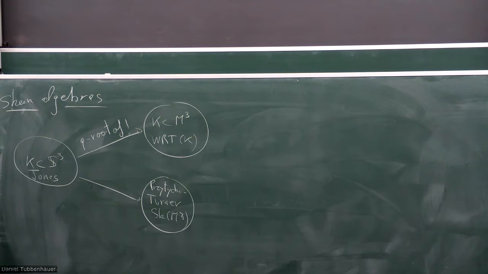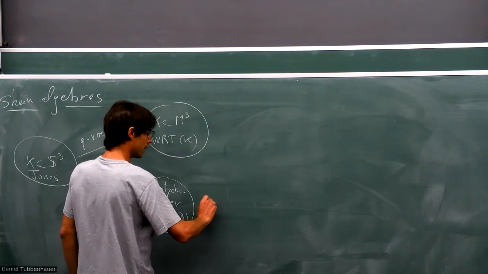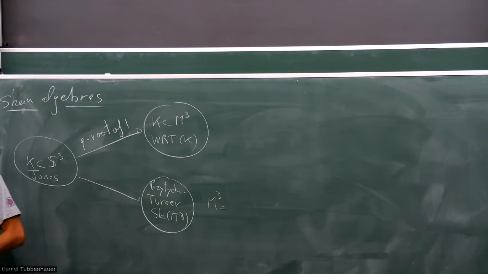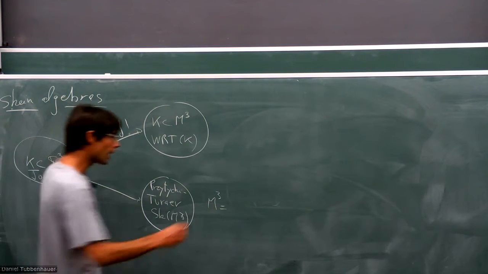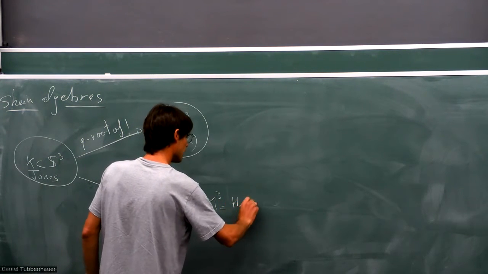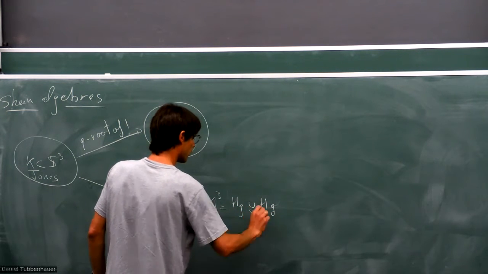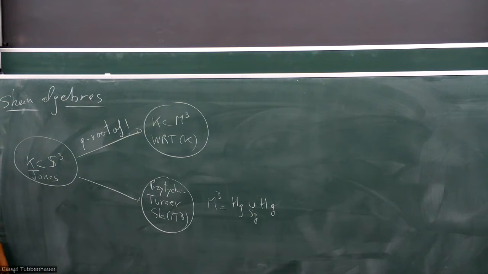And one reason why I care about it is because if one takes the three-manifold and takes a Heegaard splitting of it, you look at some genus surface inside the three-manifold, and you get the decomposition of the three-manifold into two handlebodies. So one gets two handlebodies, and they are glued along the boundary, which is a genus surface.